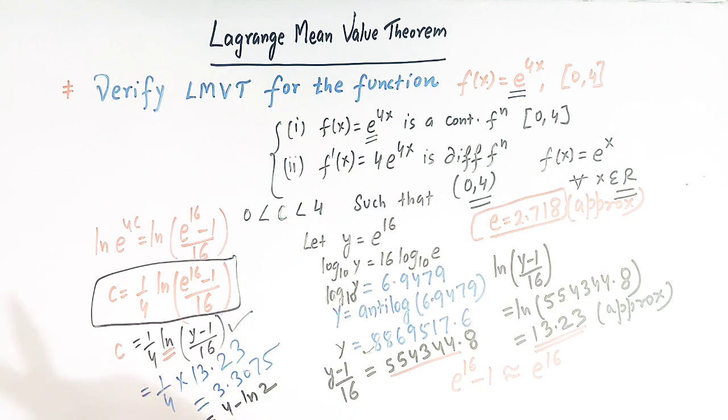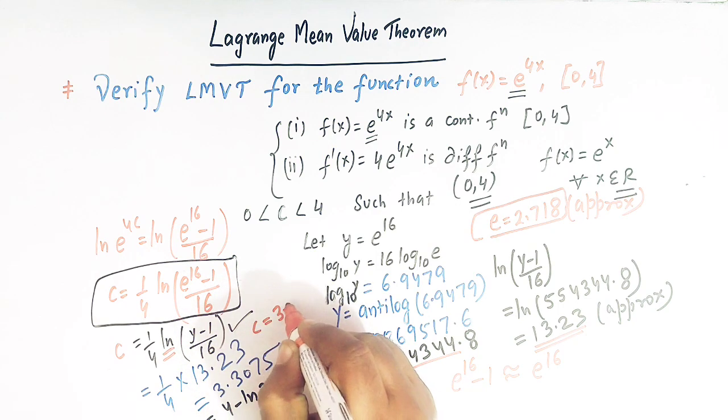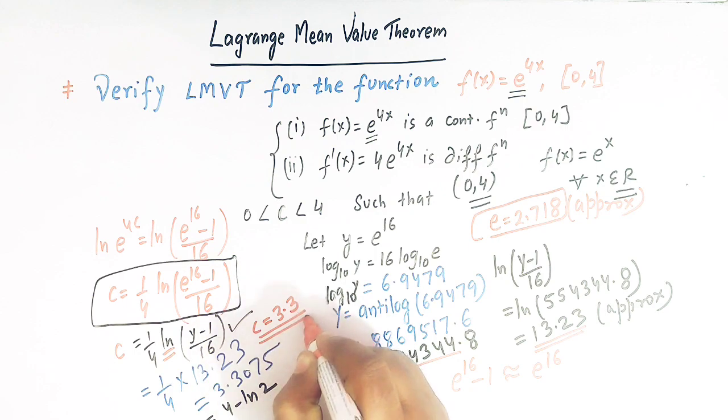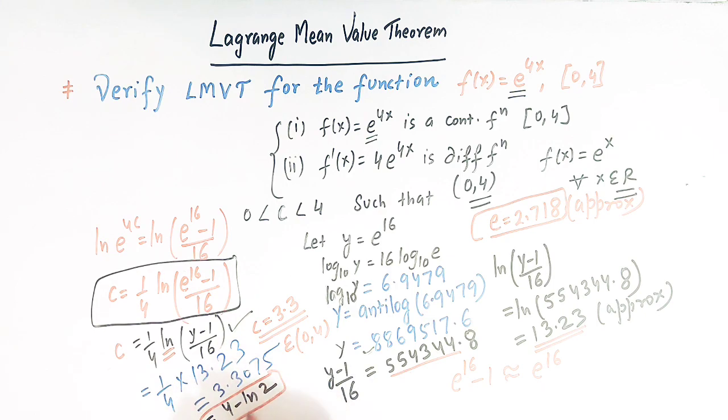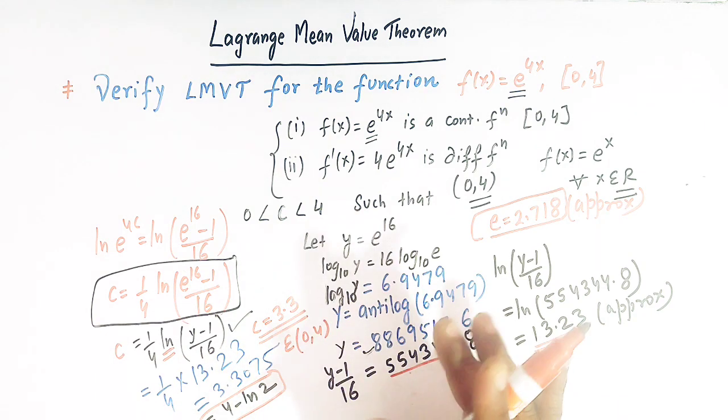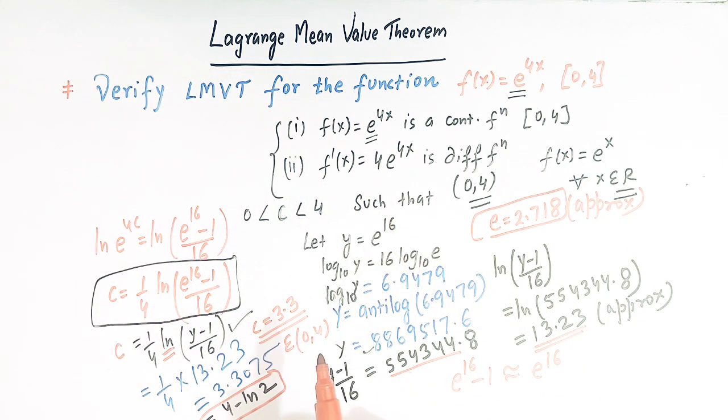So from both the methods, we get the value of c as approximately 3.3, and this 3.3 belongs to the interval 0 comma 4, or we can also express this 3.3075 value by this expression, that is 4 minus the natural log of 2, right? So this is how we can verify the Lagrange's mean value theorem for this function, and I must say that this was a very nice problem.